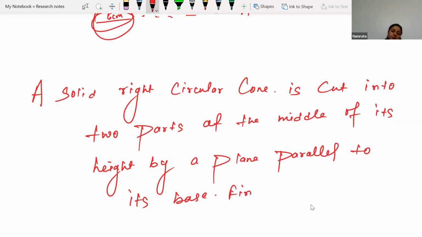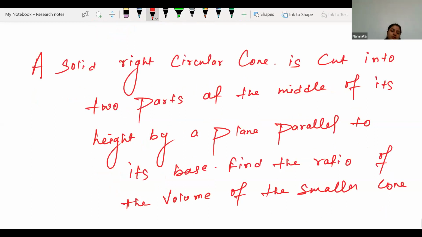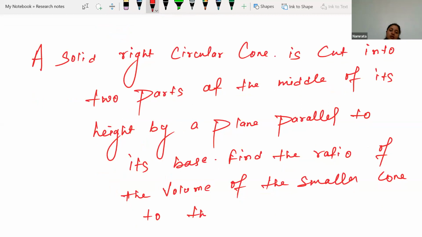Find the ratio of the volume of the smaller cone to the whole cone. We have to find the ratio of the volume of the smaller cone to the volume of the bigger cone.